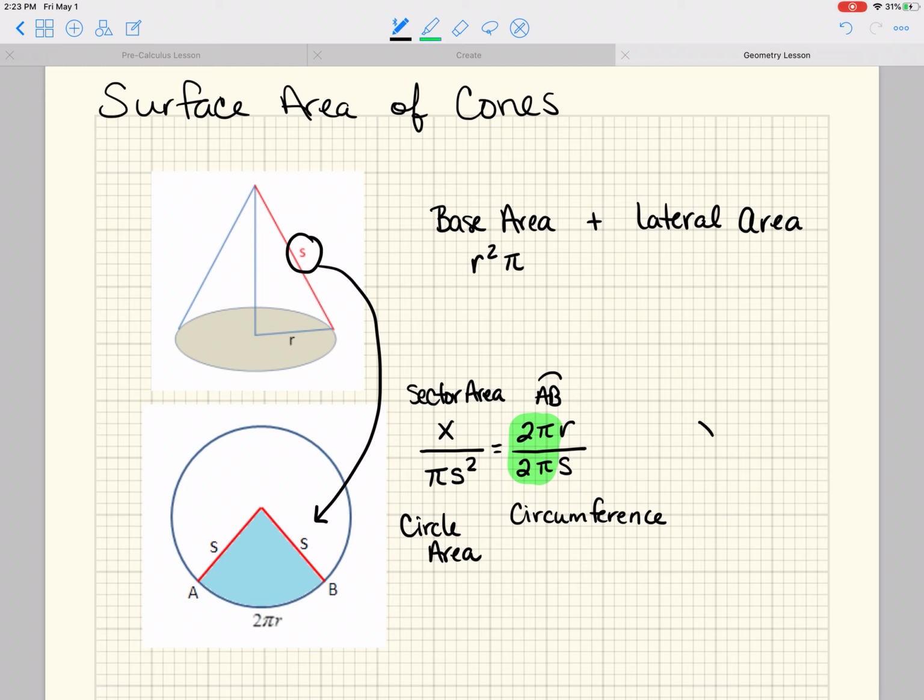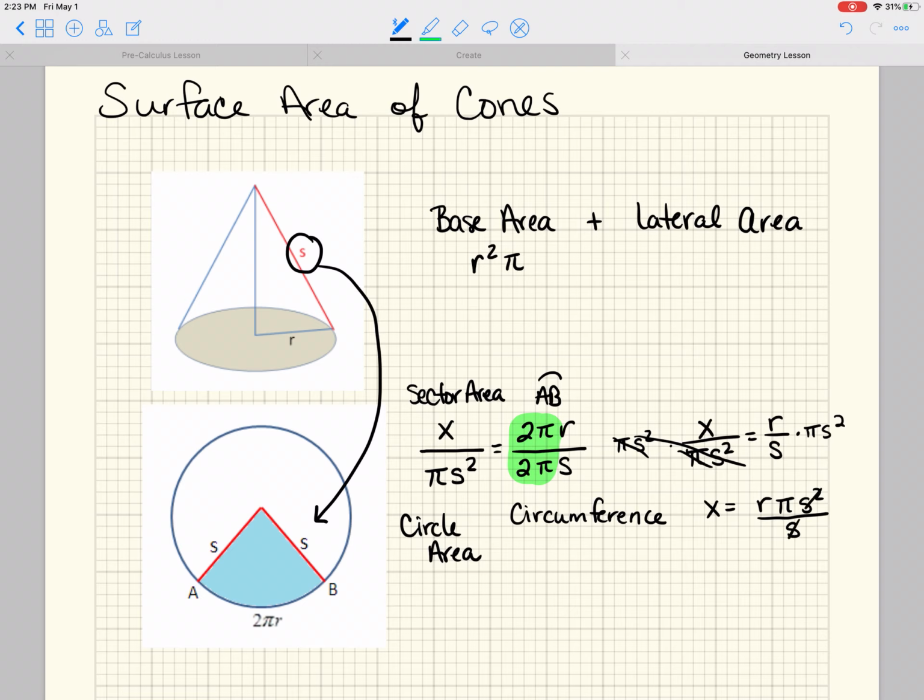So we get the equation x over pi times slant height squared equals the radius over the slant height. We're going to multiply both sides by pi s squared to get x by itself. So we get r pi s squared divided by s.